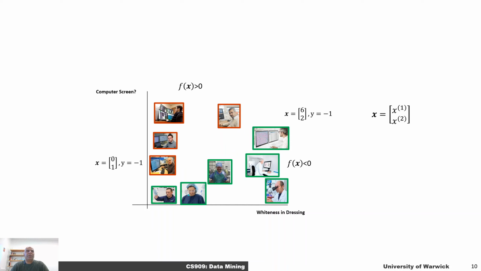Then we are going to give the classification label of -1 to all computer scientists, which are represented by these red rectangles that you see on your screen. My question to you is, in this particular feature space, where there are two features and each point is represented by these two values, can you find a line that separates these two classes?